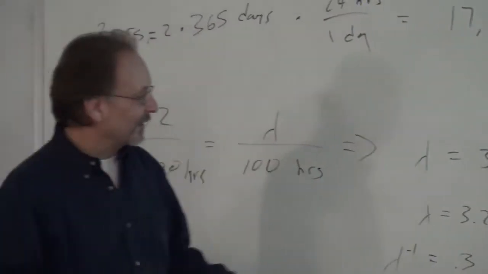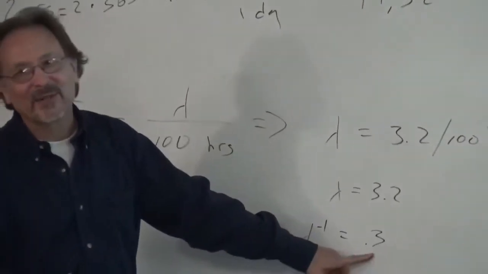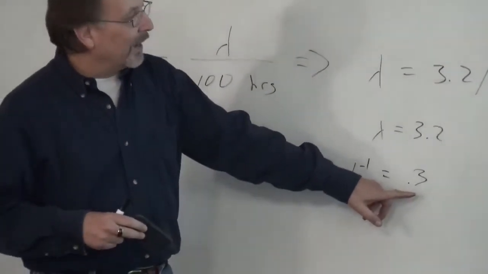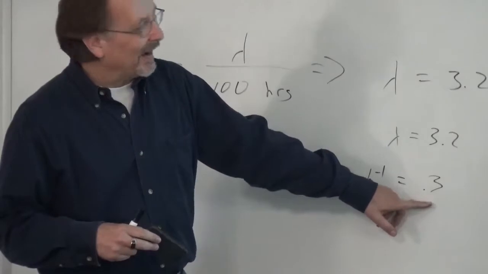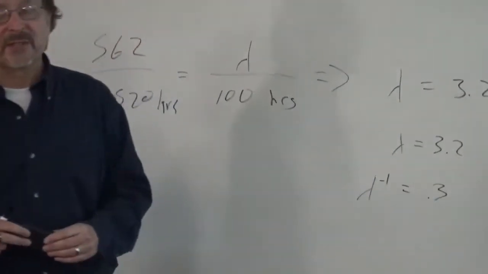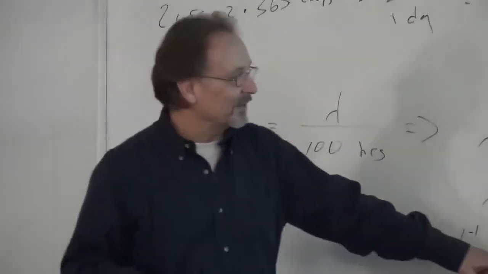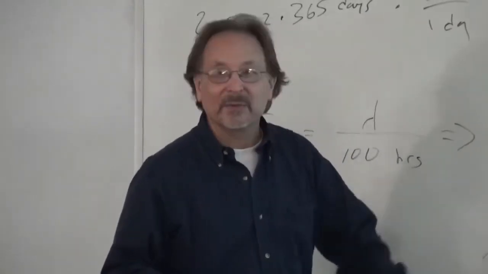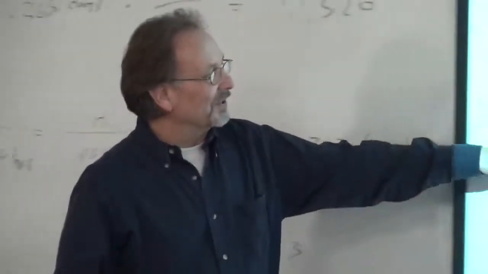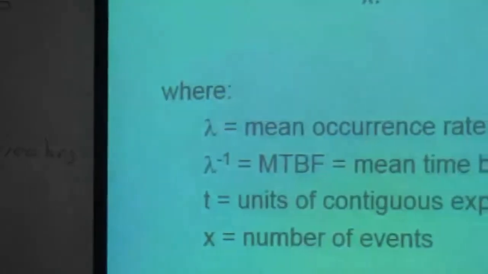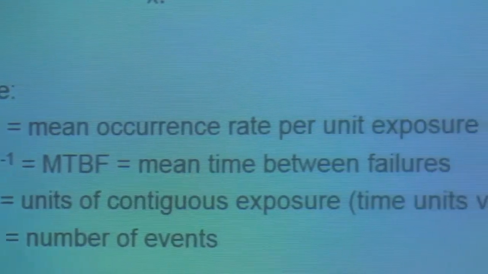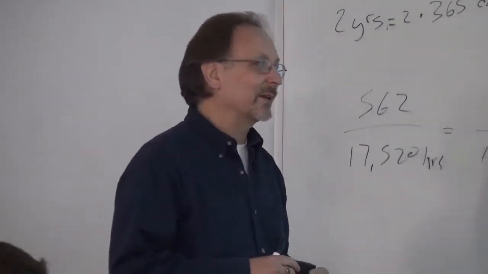That's why I did lambda inverse: every 30 hours I have to replace a resistor, because it's 0.3 times 100. The mean time between failures is the inverse of lambda. So every 30 hours, on the average, I'm going to have to replace a resistor. That's our failure rate over 2 years.